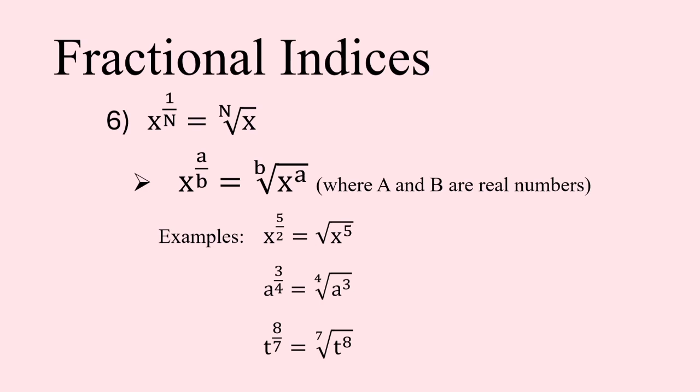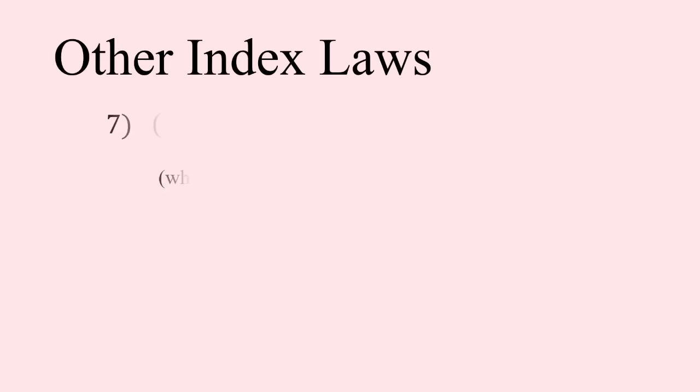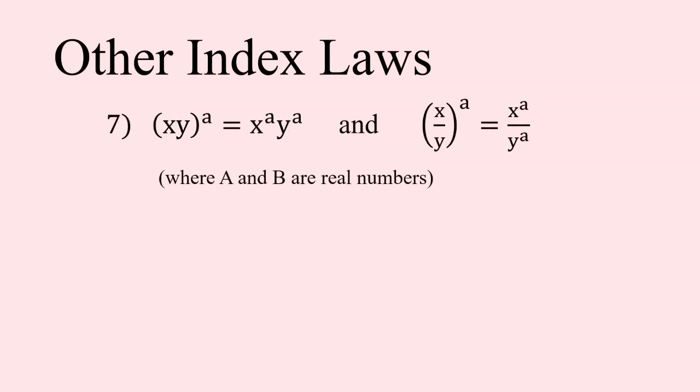Finally, xy to the power of a is equal to x to the power of a times y to the power of a. And x over y, all to the power of a, is equal to x to the power of a over y to the power of a, where a is a real number.